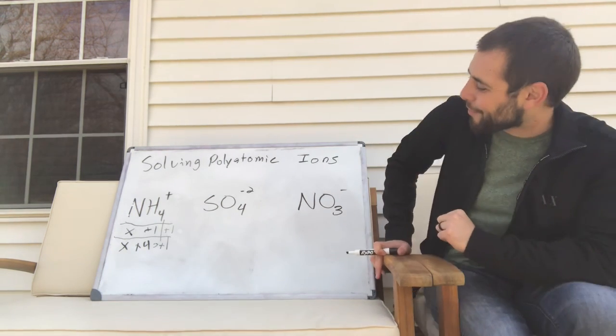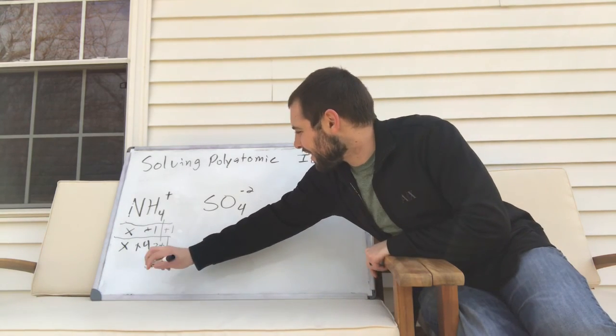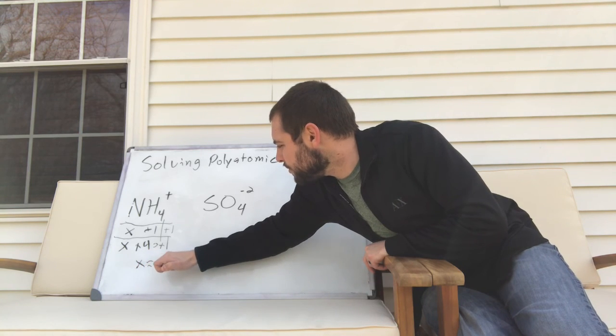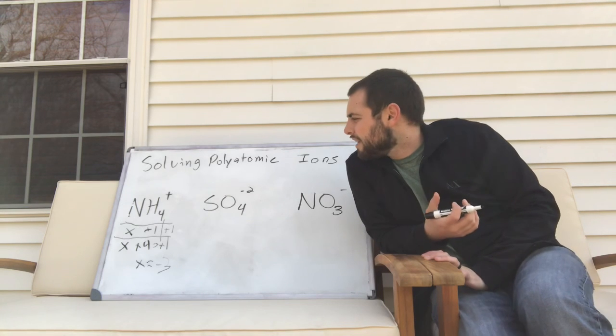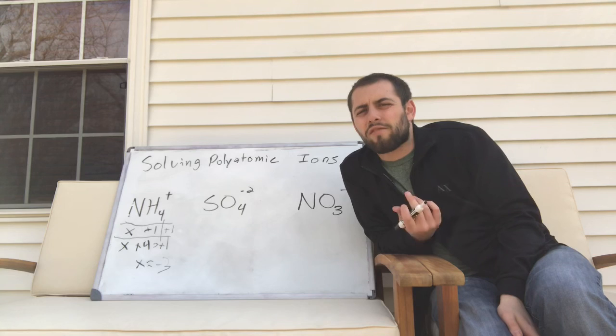So x plus 4 equals positive 1. Doing some quick algebra there, I'm going to figure out that x is equal to negative 3.